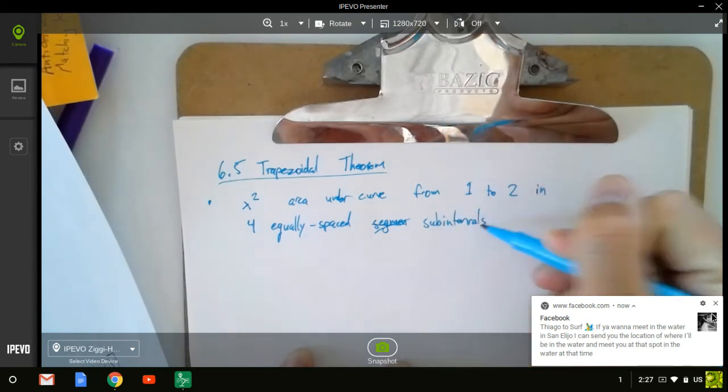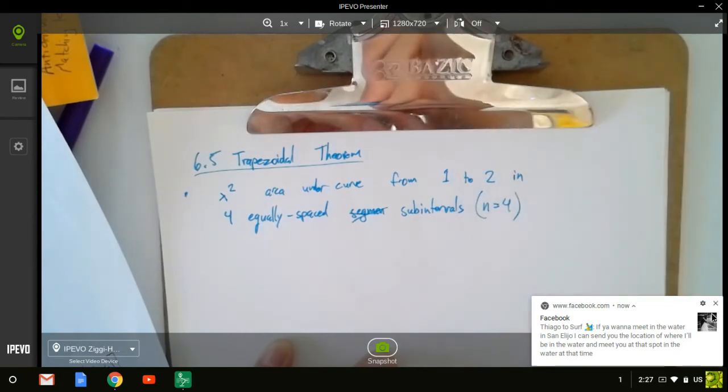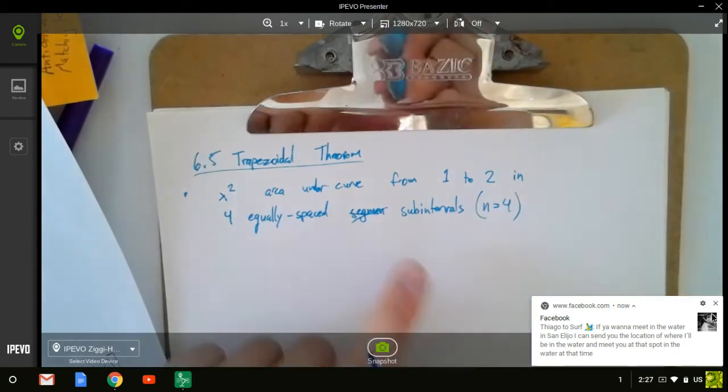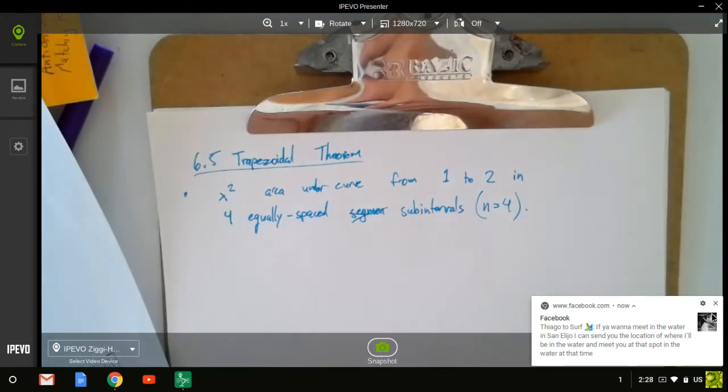And then your book would refer to that as n is equal to 4. That's how they would write it. Then you would be asked to find that area.